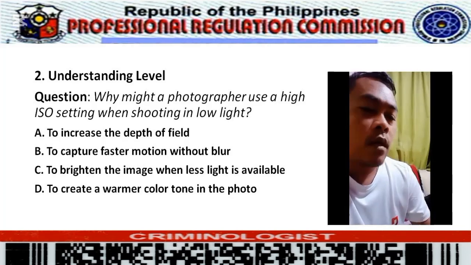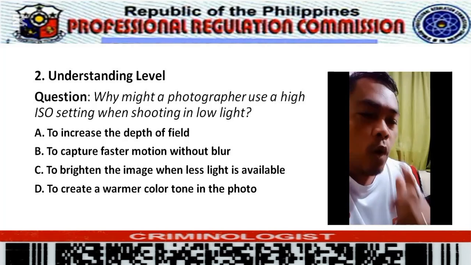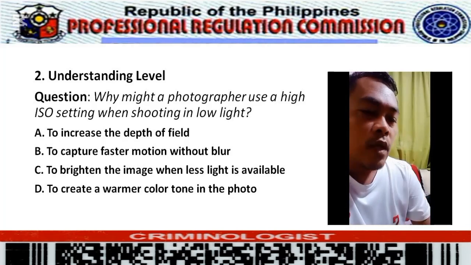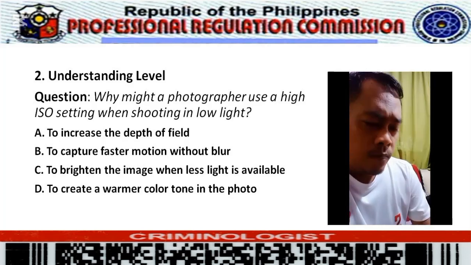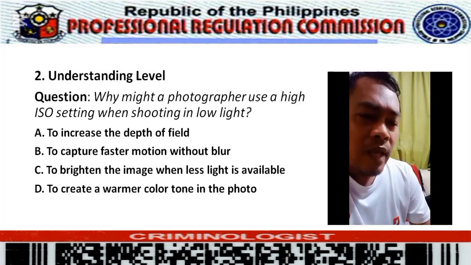For option letter B, to capture faster motion without blur. So, this option is also incorrect. Why?